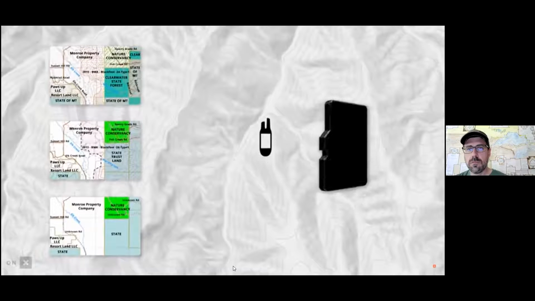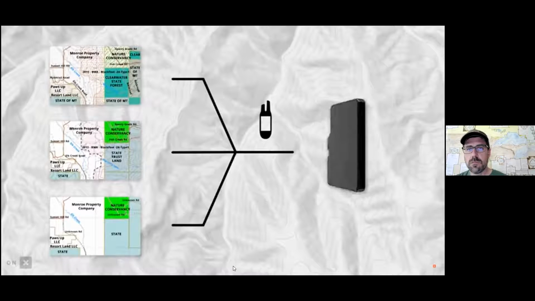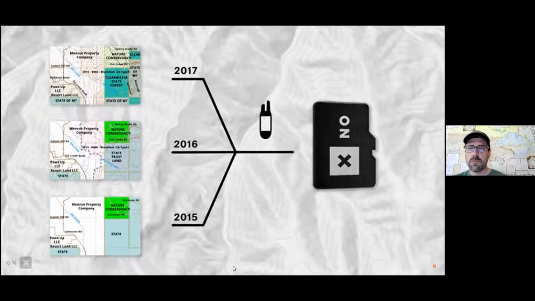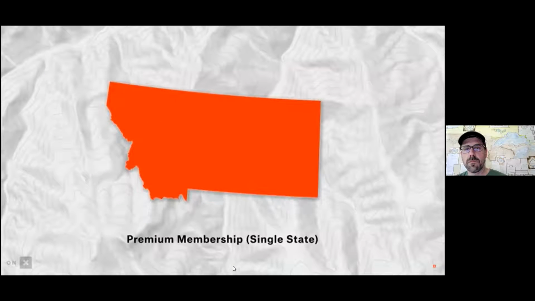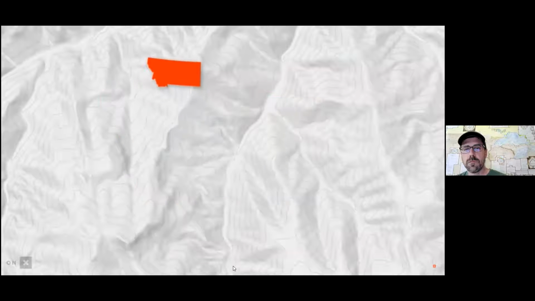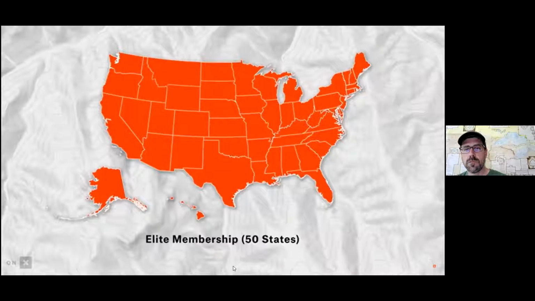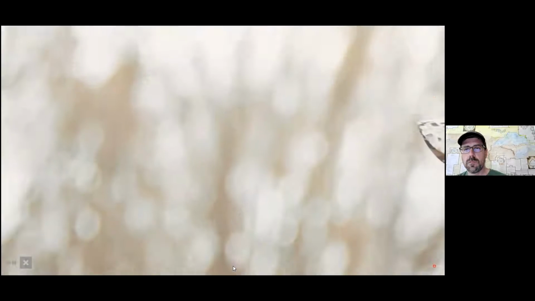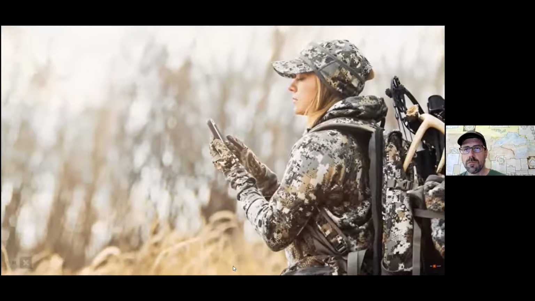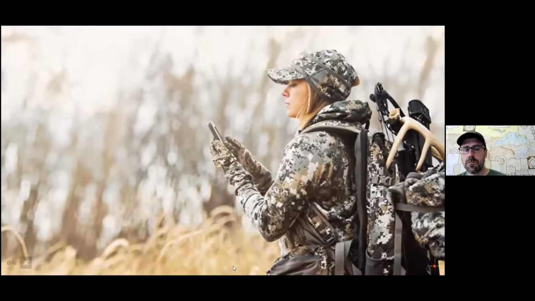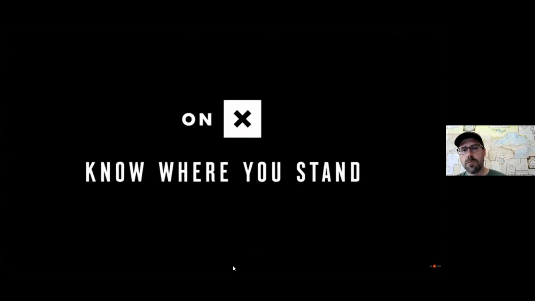App memberships also include chip updates for your GPS unit, ensuring you have the latest maps available. Choose between a single state premium membership or explore the entire country with our 50-state elite membership. Get the most accurate and expansive hunting maps in the palm of your hands. Get started today.